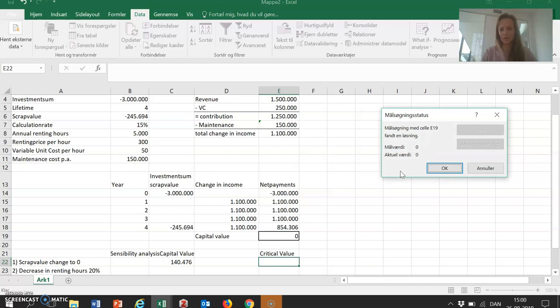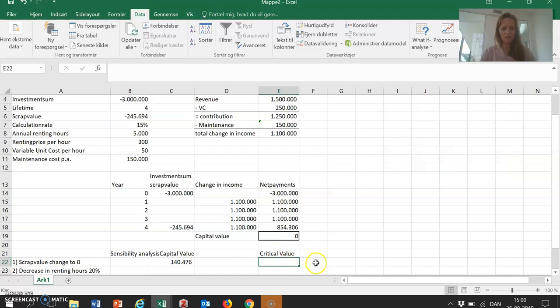All right, so what happened here? Capital value is now 0. That's what we wanted it to be because that's the critical value of the investment. And we can actually afford the scrap value to become negative minus 245,694. Of course you have to press enter here.